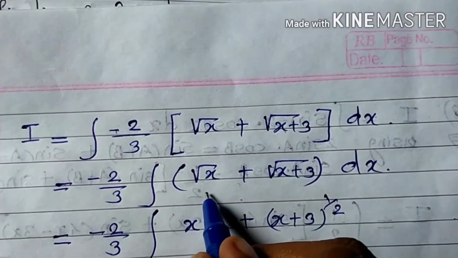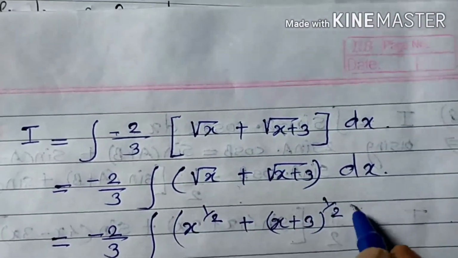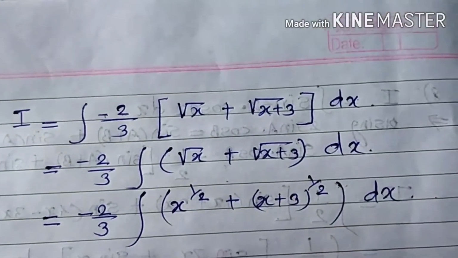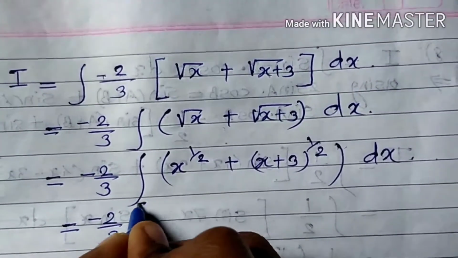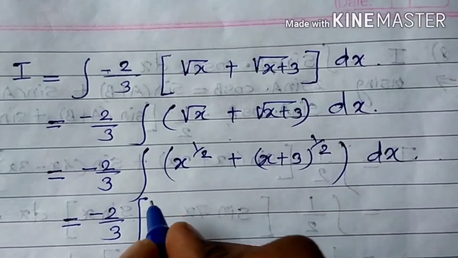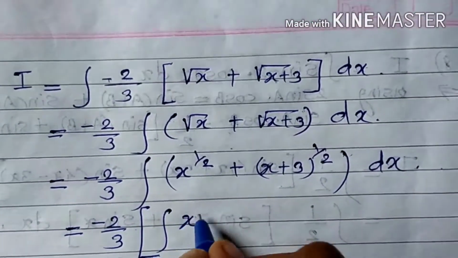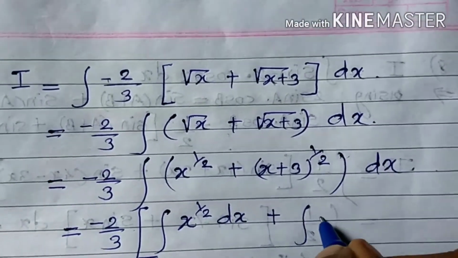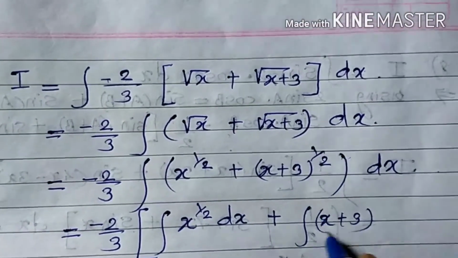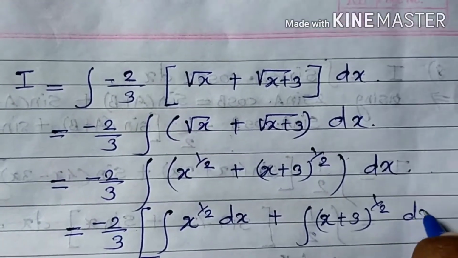We know that the value of root is power 1 by 2 into dx. Now separate the integration: minus 2 upon 3 into the integration of x raised to 1 by 2 dx plus the integration of (x plus 3) raised to 1 by 2 dx.